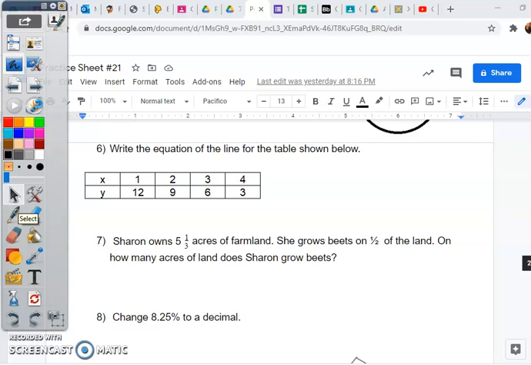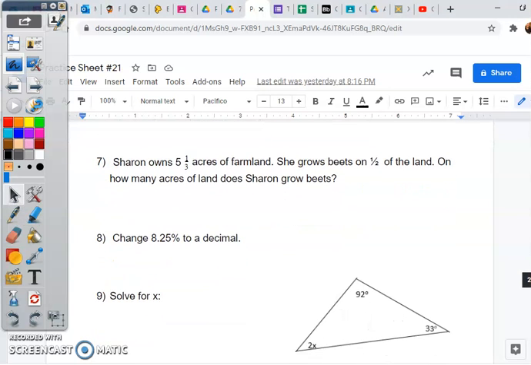Number 7. Sharon owns 5 1/3 acres of farmland. She grows beets on half of the land. On how many acres of land does she grow beets? Well, she grows it on half of her land. So she has 5 1/3.